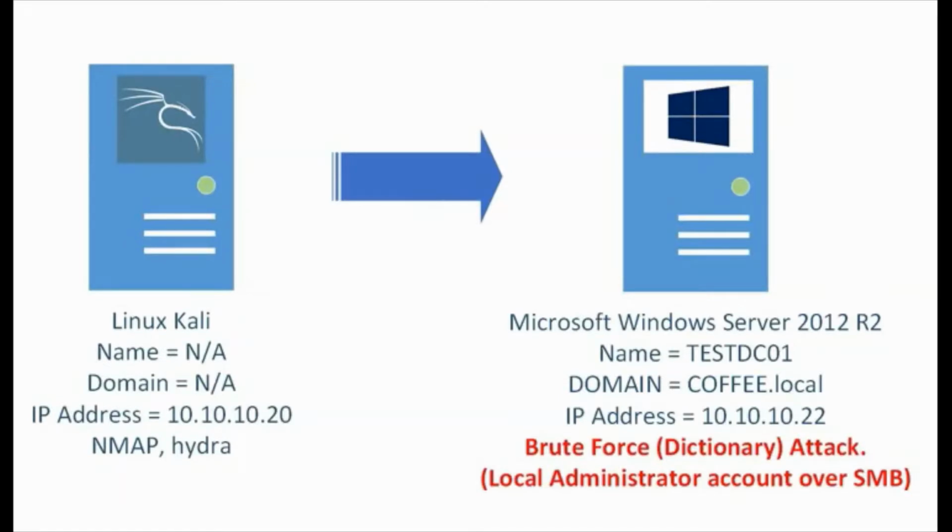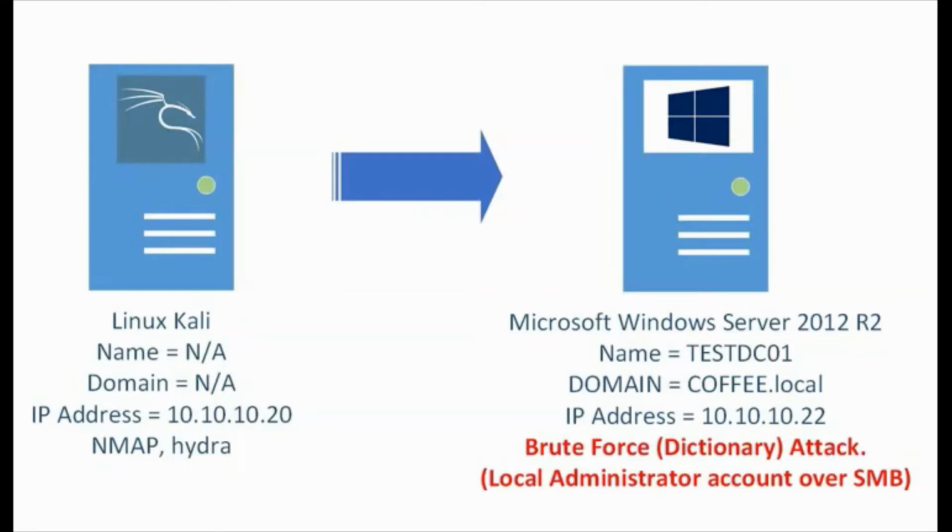In this white hat experiment, we will be utilizing two virtual machines installed over Oracle VM or Oracle VirtualBox. On the left, we have a Linux Kali device with an IP address of 10.10.10.20, and we will be utilizing the pre-installed toolsets of Nmap and Hydra to initiate the attack.